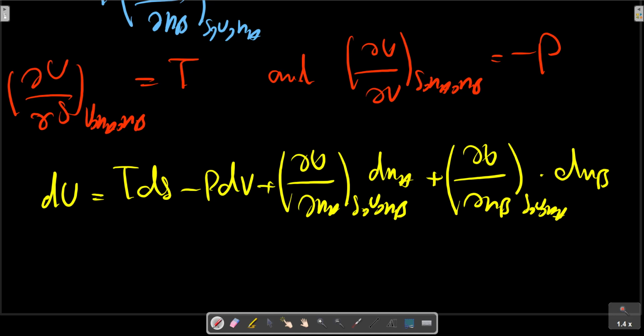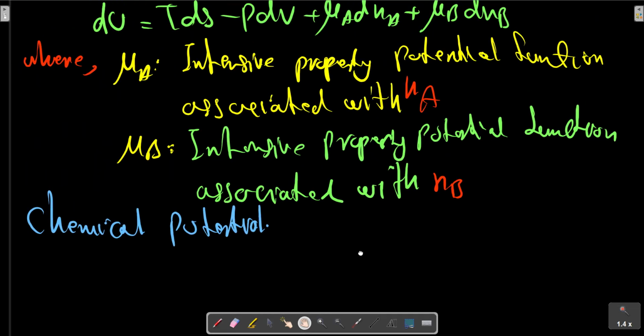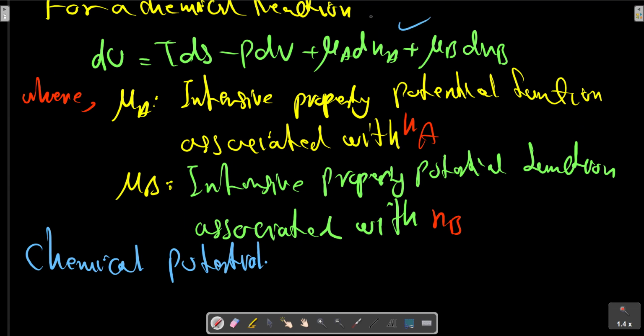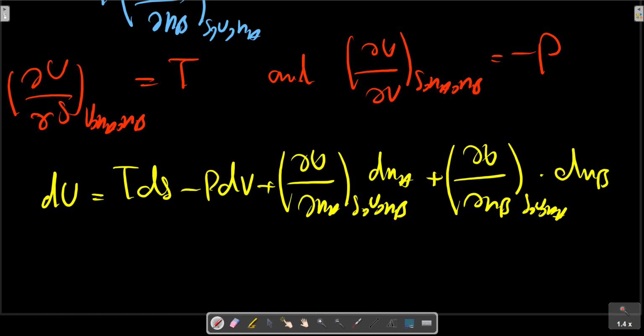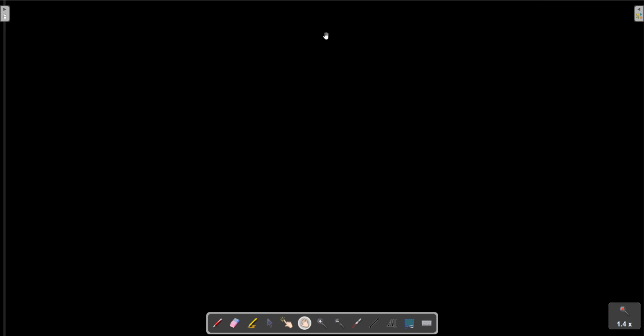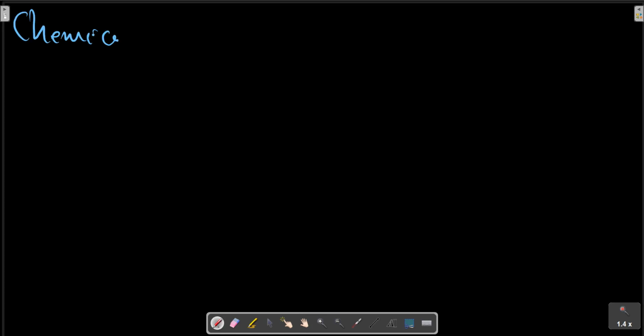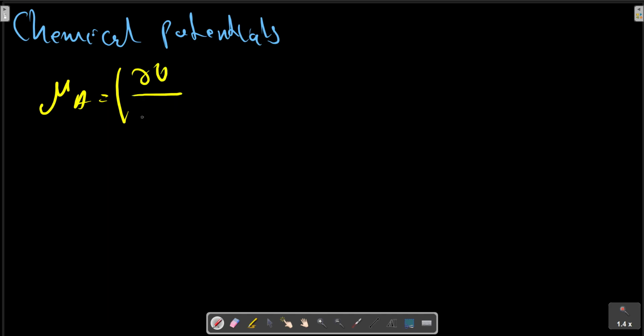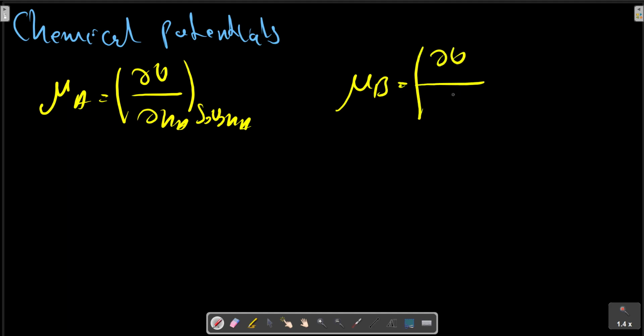On comparing this equation with the equation for dU for the chemical reaction on the previous page, we find that the chemical potential can be defined by the relation μA equals ∂U/∂NA at S, V, NB, and μB equals ∂U/∂NB at S, V, NA.